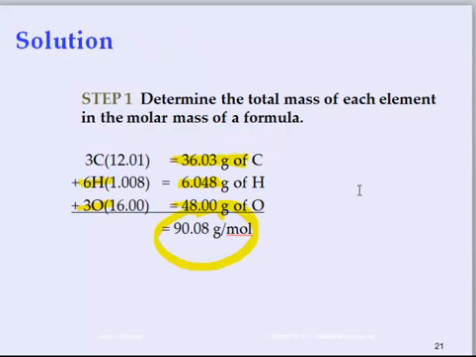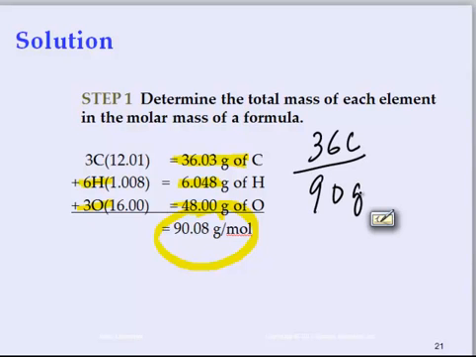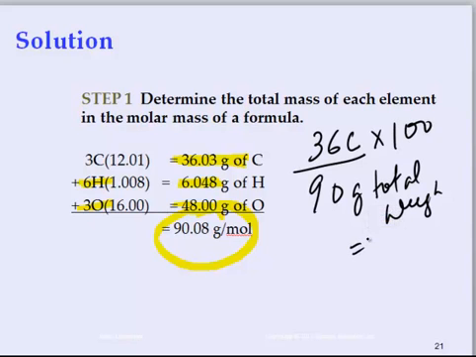So what you would now do is take the 36, which is the mass of carbon, divide that by 90 grams, which is the total weight, times 100, and this will give you your percentage. So 36 divided by 90 times 100 comes to 40%.